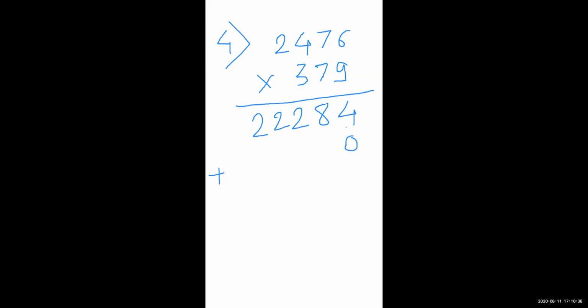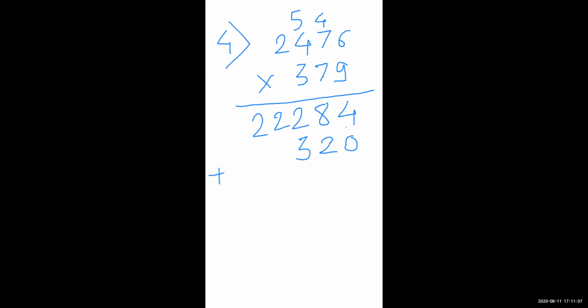7 sixes are 42. 42's 2. 4 goes to carry. Yes, then 7 sevens are 49. 49 plus 4 is equal to 53. 53's 3. Okay, 5 goes to carry.